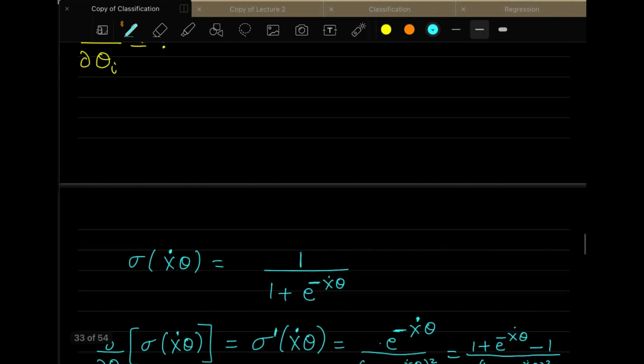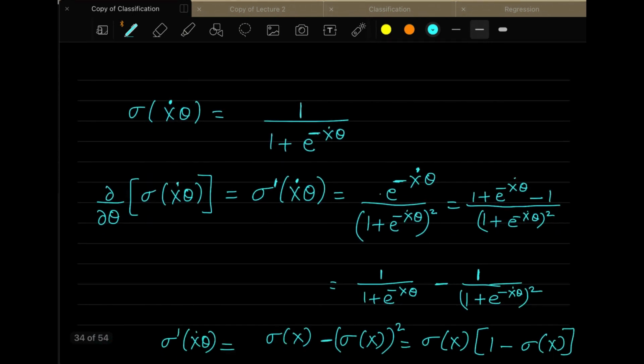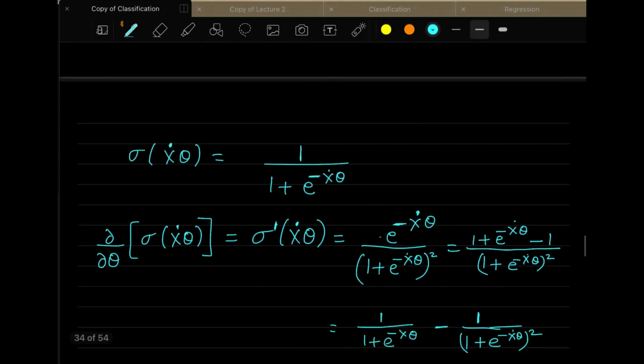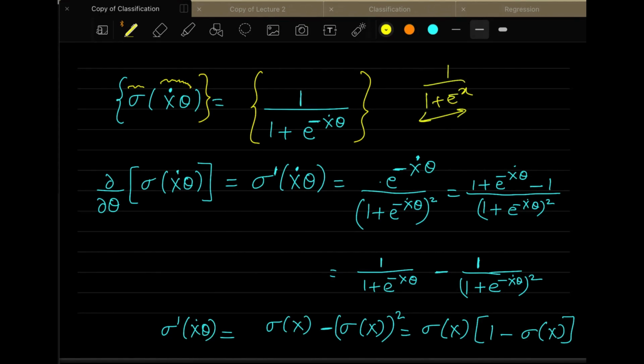Before going there, I just want to do some simple calculations, because these will be used in the derivation. Let us say you have a function which you already know, the sigmoid applied on x dot theta, which is 1 upon 1 plus e to the power minus x. I'm just putting x dot theta over here.